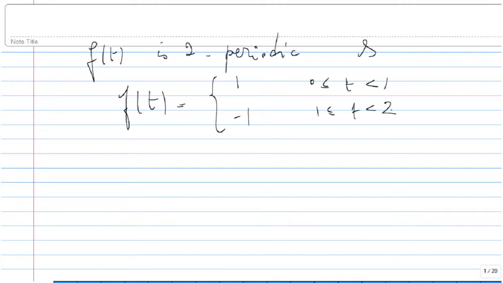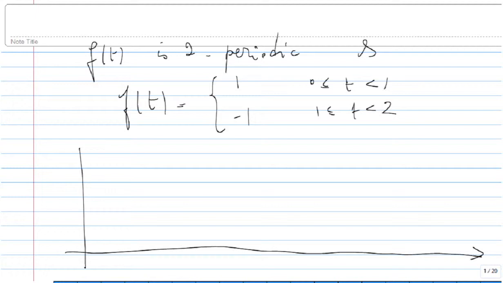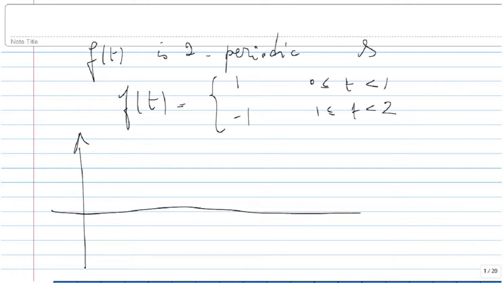So basically the graph looks like this. Of course, for Laplace, we only look at the positive side, so the negative side does not matter.